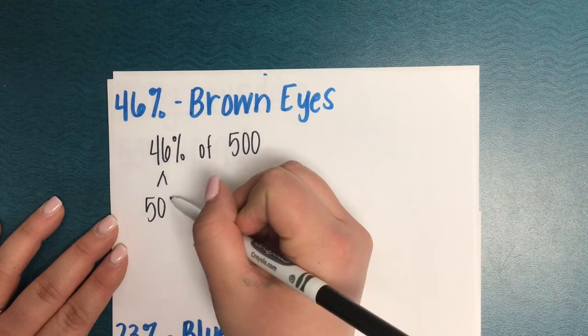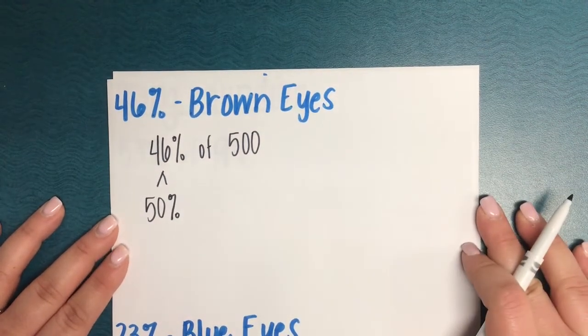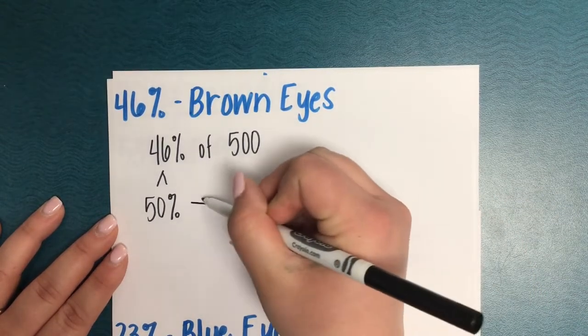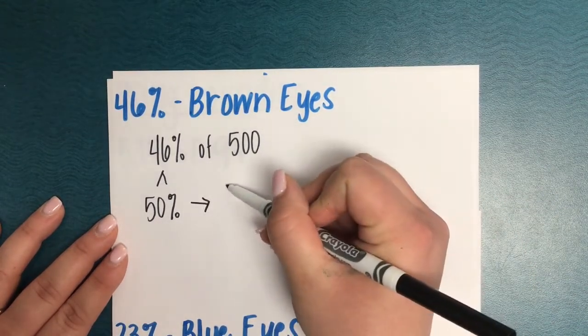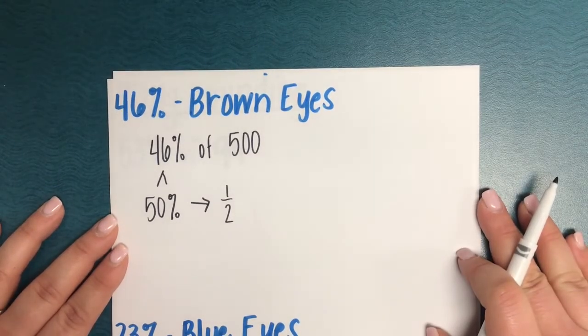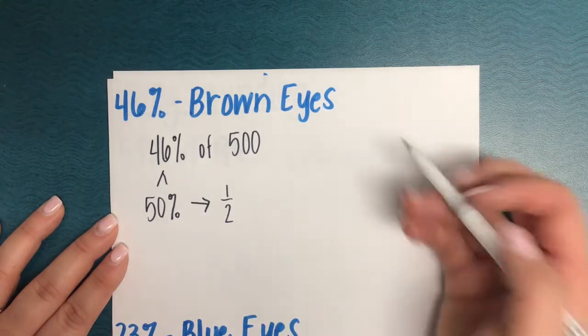Okay, and so we're going to estimate 46% as about 50% of 500 students. And we know that 50% is equal to 1/2 as a fraction. So 46% of 500 is about 1/2 of 500.